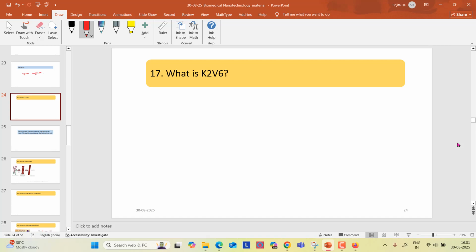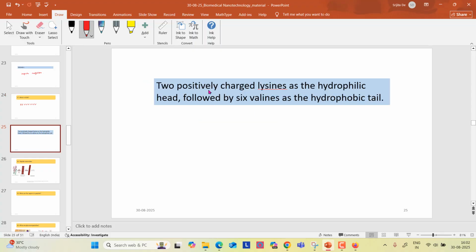K2V6 means, you can see K2 and V6. So two positively charged lysines as the hydrophilic head, followed by six valines as the hydrophobic tail. This is also a self-assembled configuration of the peptides. This is the K2V6 structure.